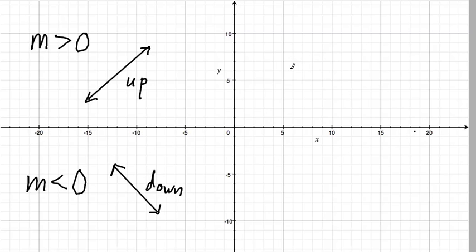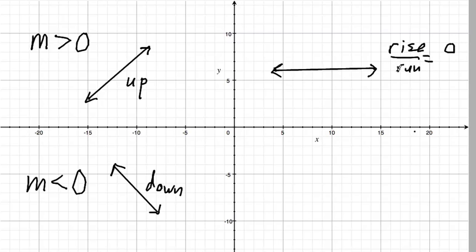There are also two special cases which I didn't cover, but let's pretend that I have a horizontal line that's supposed to be horizontal. If I have a horizontal line and I'm looking at the rise over the run, well, the y-coordinate isn't changing. The y-coordinate is staying the same, so the rise has to be 0.